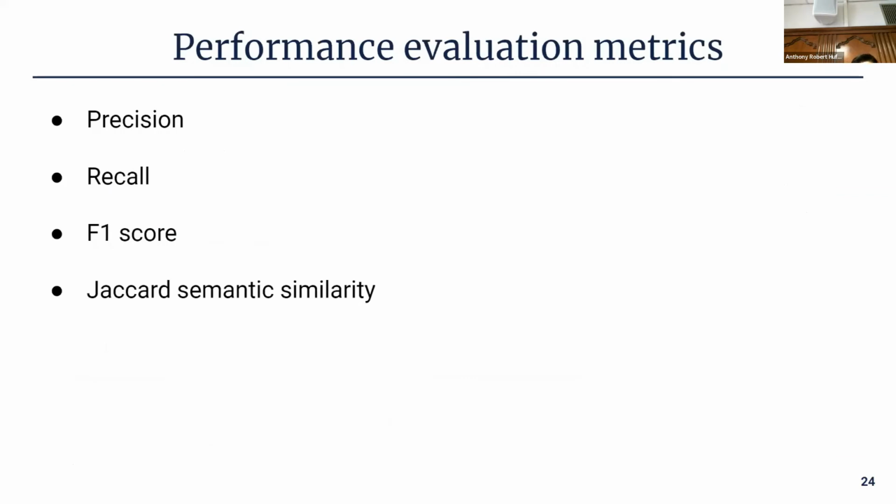Now talking about the performance evaluation, we have considered precision, recall and F1 score. We are more interested in F1 score and Jaccard semantic similarity here. Jaccard semantic similarity is what we have used to make that association and to make the model understand the hierarchy.